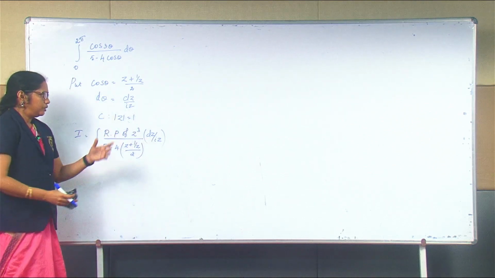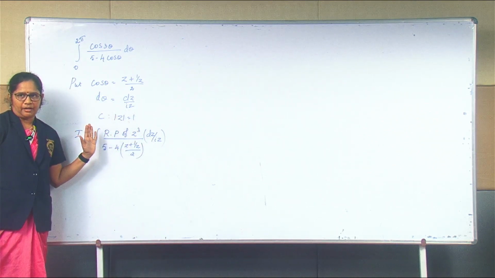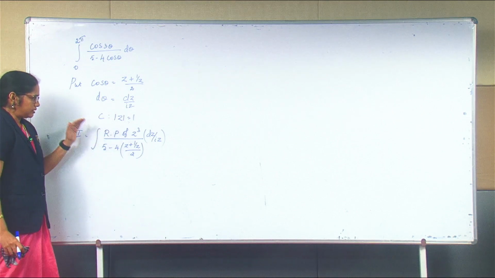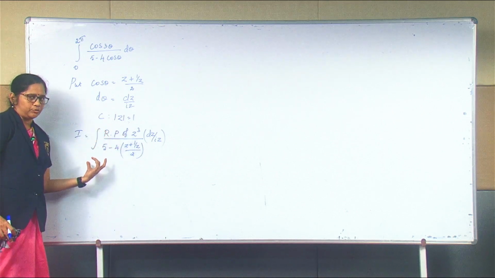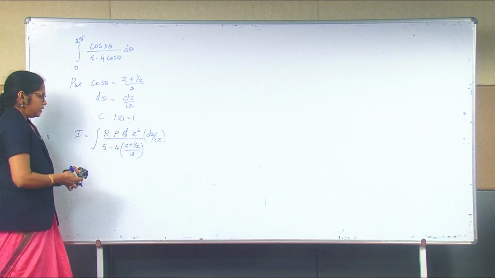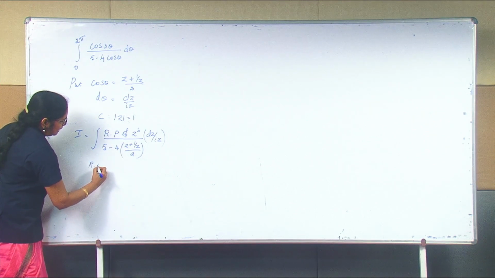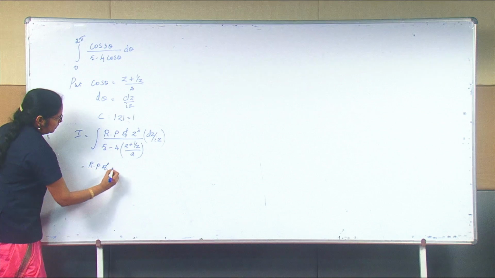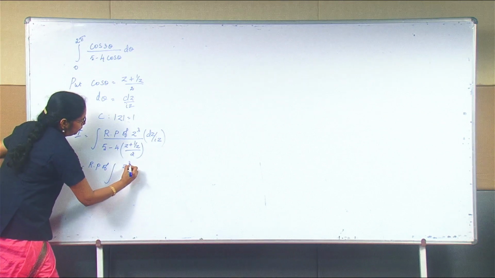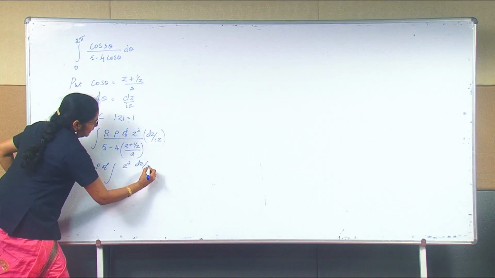The real part we have to take outside, because throughout the problem we have to write that real part. So how can I write this? I've just brought that part outside: real part of z cube dz by iz.